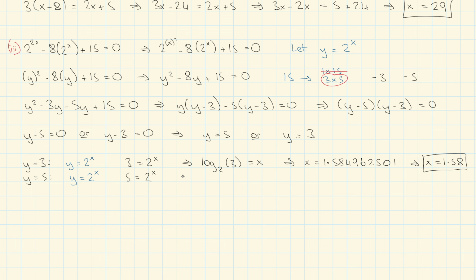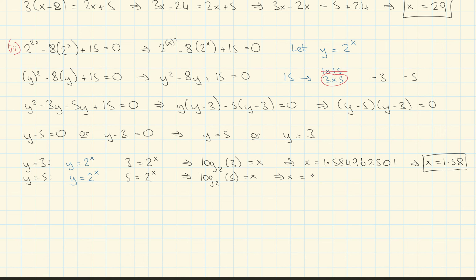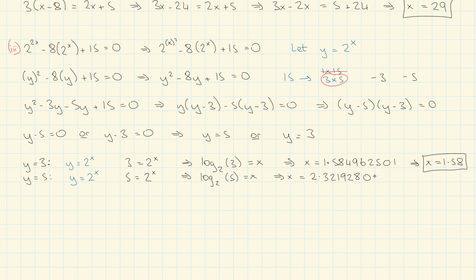There's my first solution, and my second one will be log to the base 2 of 5 equals x, which we put into the calculator. So for this one we get x equals 2.32. Okay, and that's part 3 answered.